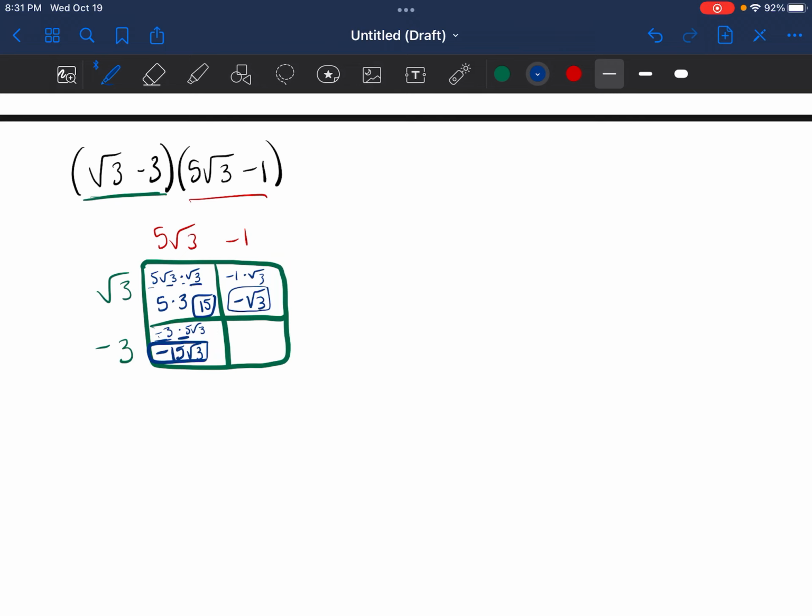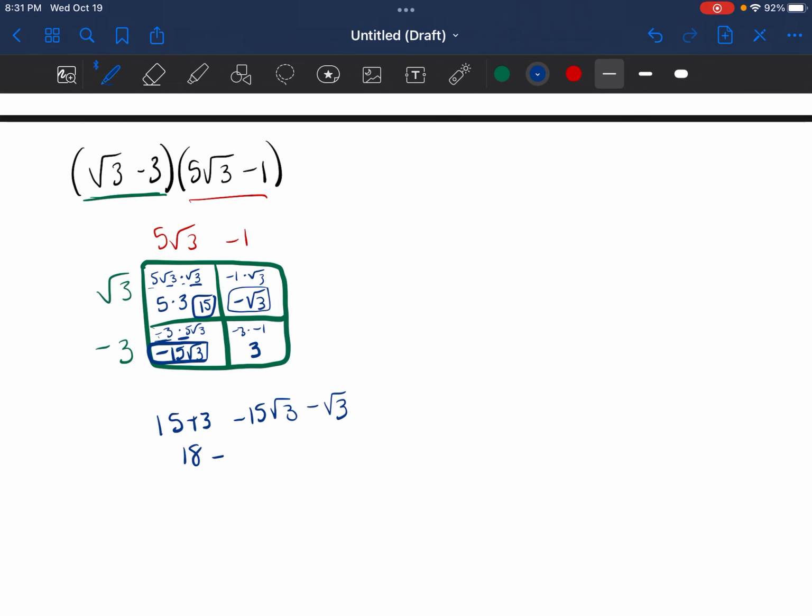And then finally, I'll have negative 3 times negative 1, which is 3. Write out all of my values here. So I have positive 15 and 3, negative 15 root 3 minus a root 3.